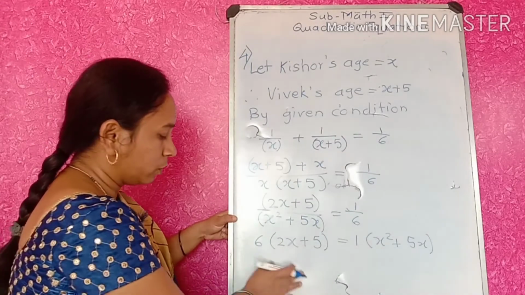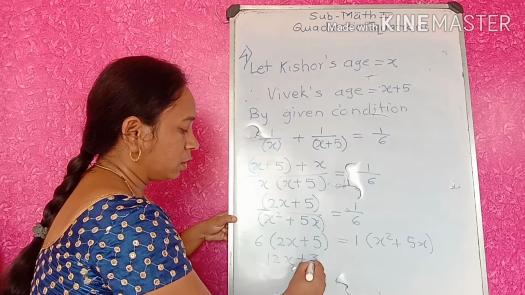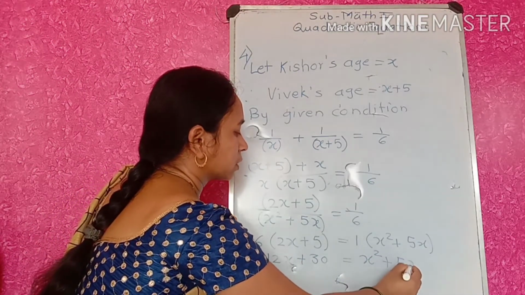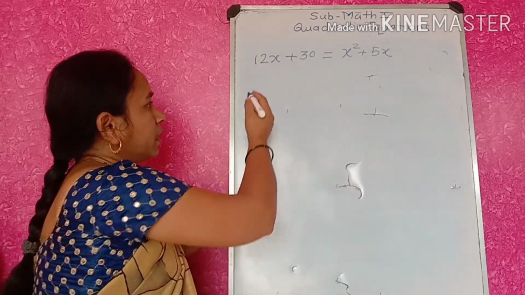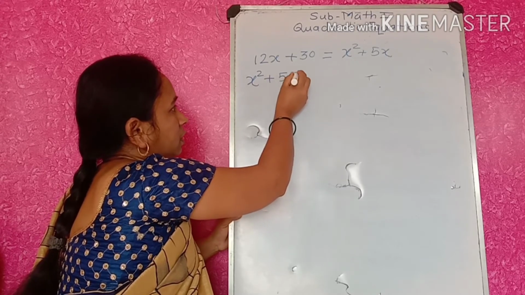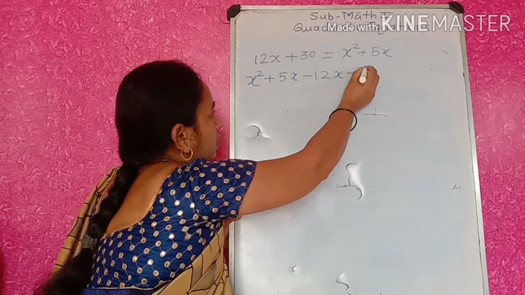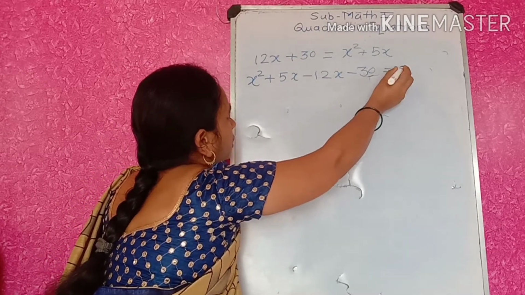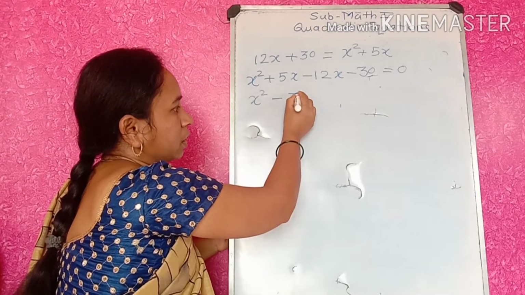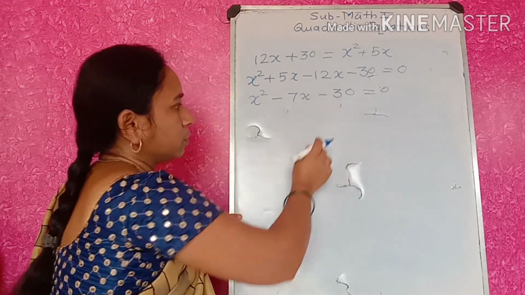After solving it, you will get 12x plus 30 is equal to x square plus 5x. We'll transfer the terms. So x square plus 5x, I'll transfer all these to that side, so minus 12x minus 30 is equal to 0. Here you will get x square minus 7x minus 30 is equal to 0.